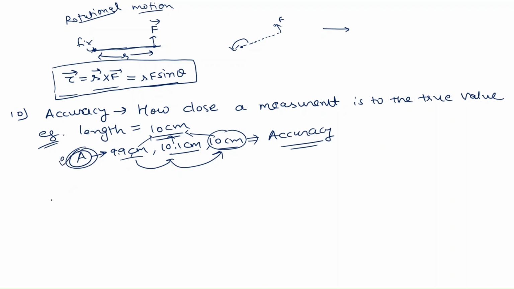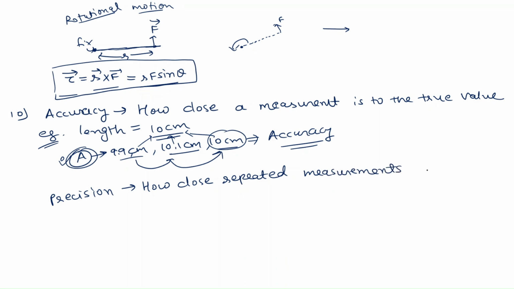On the other hand, precision. Precision means how close repeated measurements are to each other.